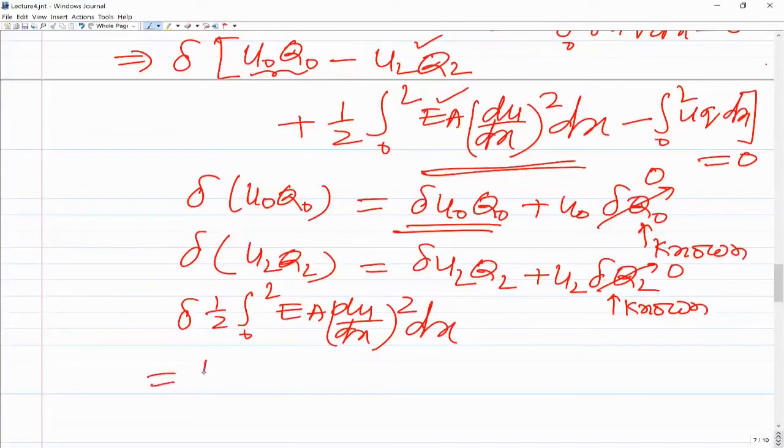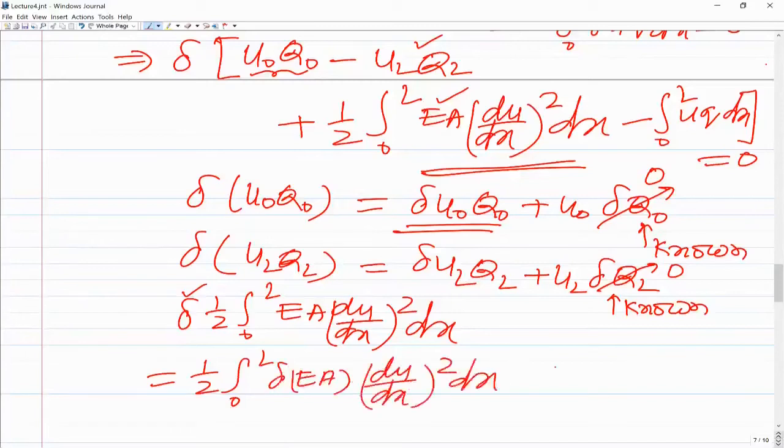we can write this as I said, variation, integration, differentiation, they are interchangeable. So this variation operator can be taken inside. So I can write half integral 0 to L, then delta of EA into du by dx whole square dx, plus half integral 0 to L, I am using the product rule, EA into delta of du by dx whole square.